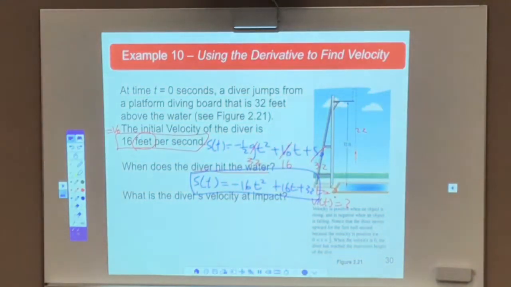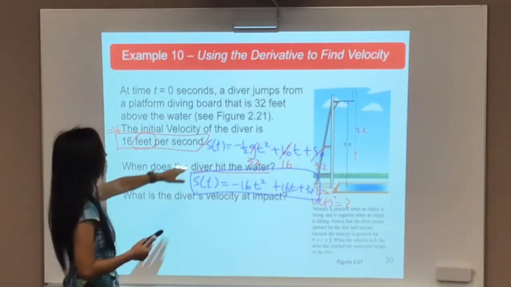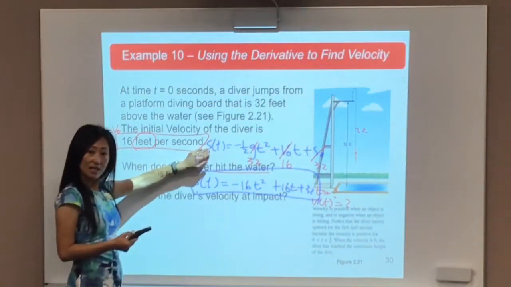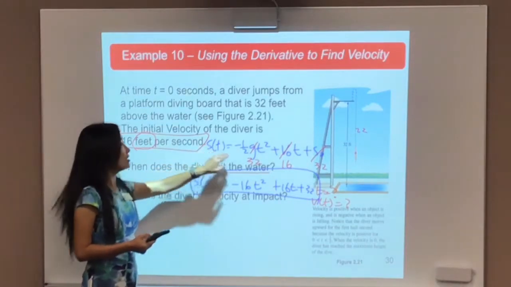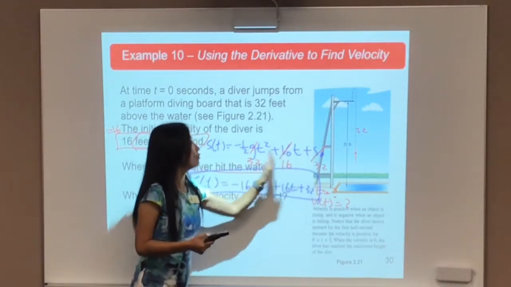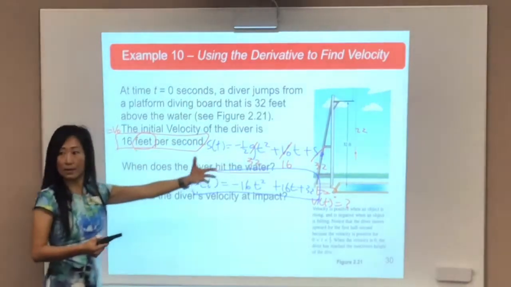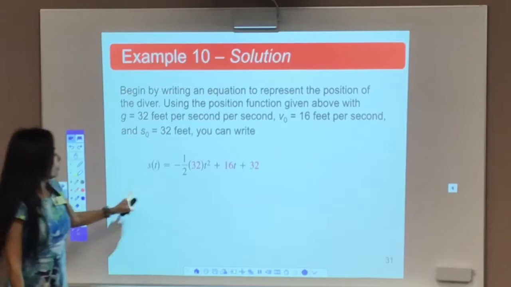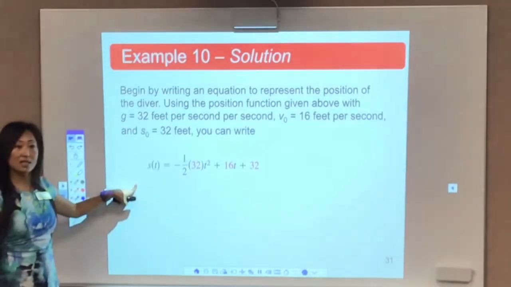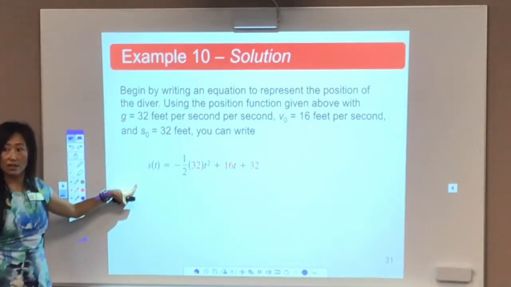They don't give you the equation, but you have to make the equation because you know what the general equation is. Using this general equation, you plug in whatever they gave you as part of the problem. So far, so good? Does everybody understand how we got this? So far, so good? Okay.